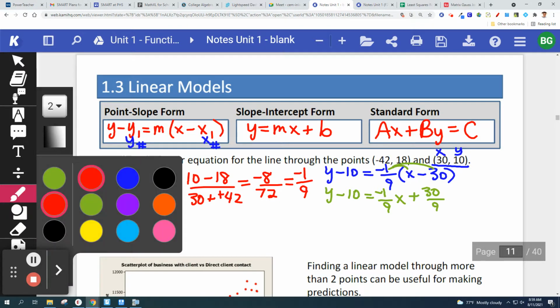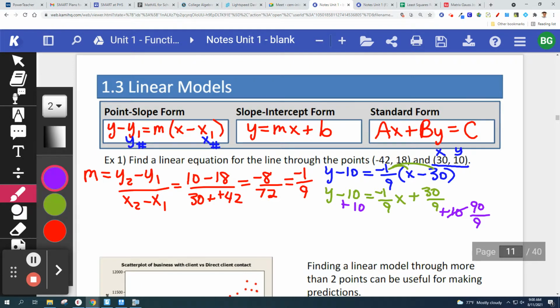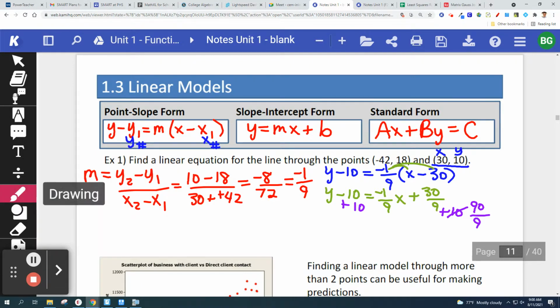Get y by itself. So I would add the 10 over, add the 10 over. But when you add fractions, remember you need a common denominator. So we need a denominator 9 on that. 10 with denominator 9 is like 90 over 9. And so I would just think of 10 as 90 over 9, because then I can add those fractions now. So this cancels. 30/9 plus 90/9 is 120/9.